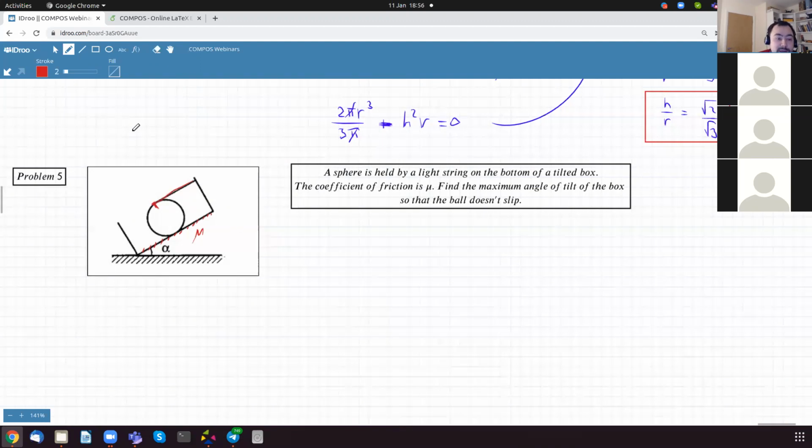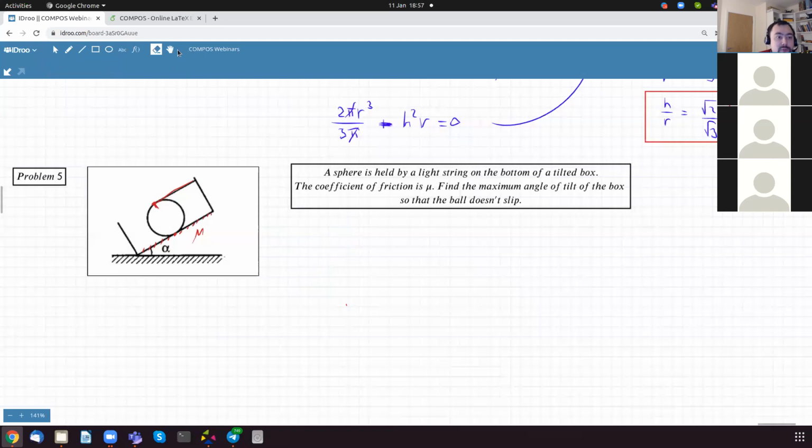Find the maximum. So as you understand, if I tilt the box, at some point this edge will slip, and the ball will hang from the rope. So the ball will end up like this at some point. But we are interested in the critical moment when it starts slipping.